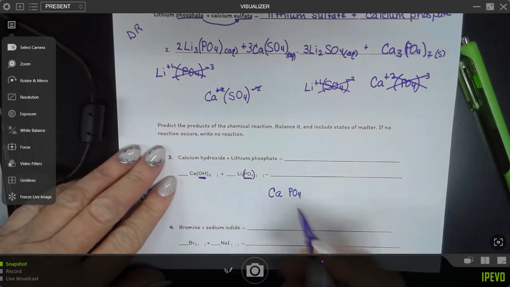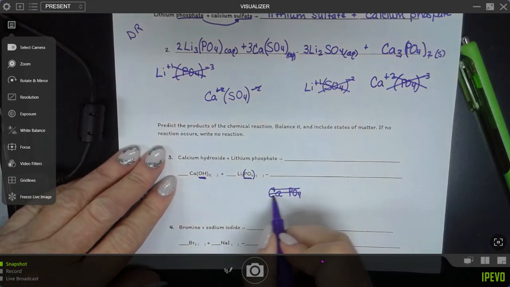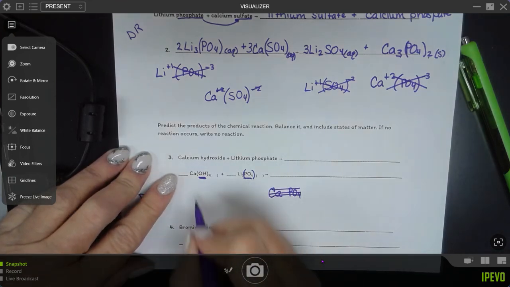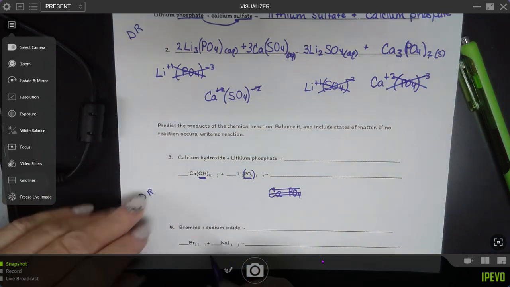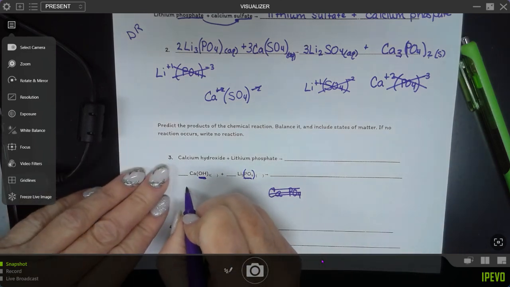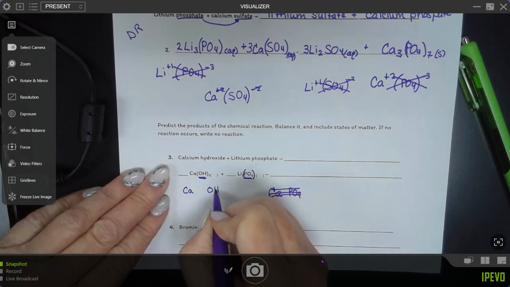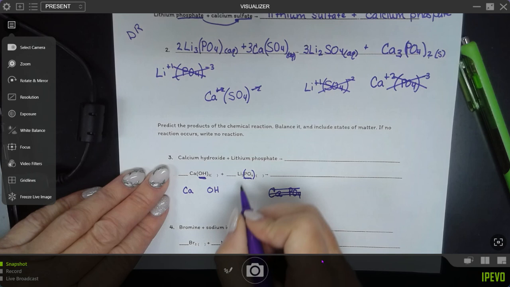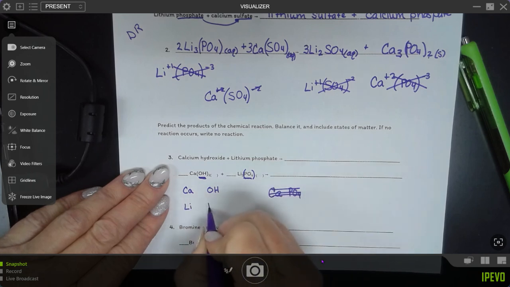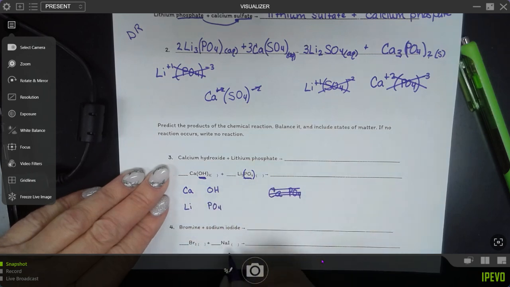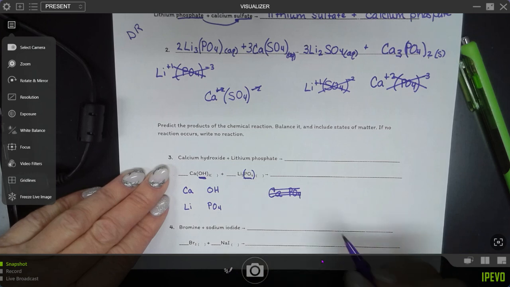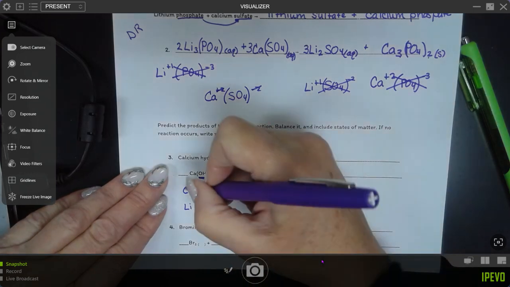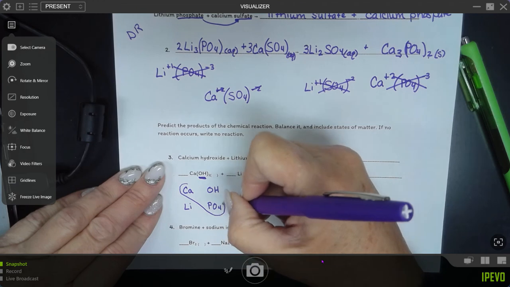Here's a little trick that I do: a kind of crisscross. I'm going to show you how to do this. I'm going to write my compounds. I've got calcium hydroxide, those are the 2 pieces, and I've got lithium and phosphate. What you can do when you just have the formulas is do this crisscross thing.